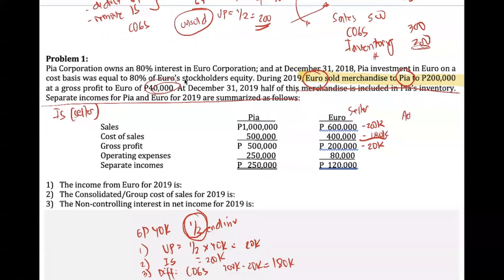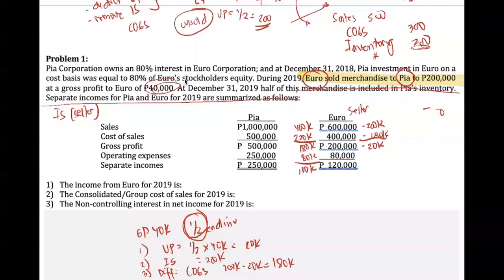So what is the adjusted for Euro? 600 less 200, 400,000. So the adjusted sales of Euro is 400,000. Cost of sales, 400 less 180, we have 220,000. Gross profit, 200 less 20, 180,000. Operating expense of 80,000. Separate income of Euro, therefore, is 100,000.